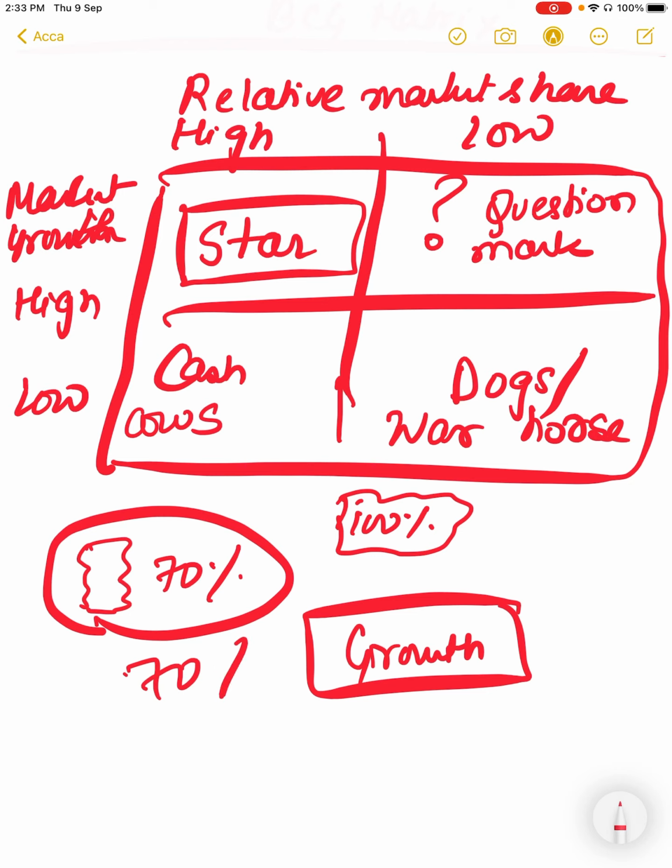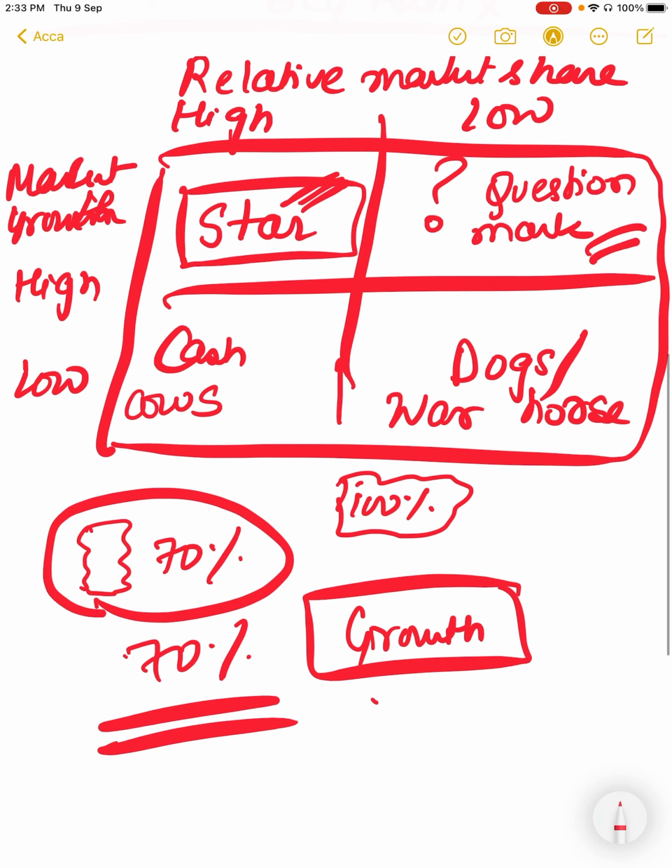So there is more scope of growth and a very large market share also. So the scope of growth is also more, and the market share is also very high, which means that it's a star, a rising star. It can give us a lot of cash, but right now it requires more cash than it can generate because it has more expenditure. But it will genuinely promise you higher returns in the future. So that is a star.